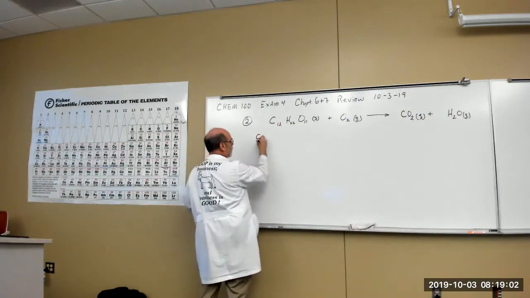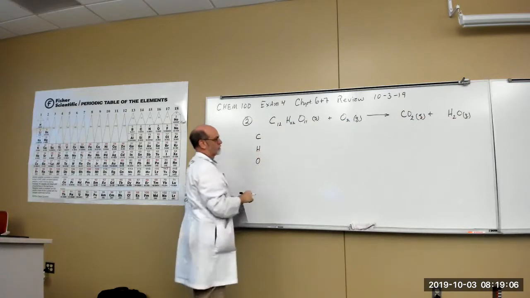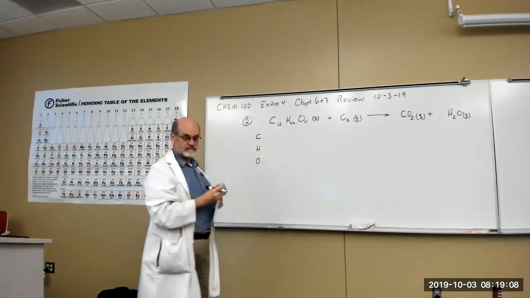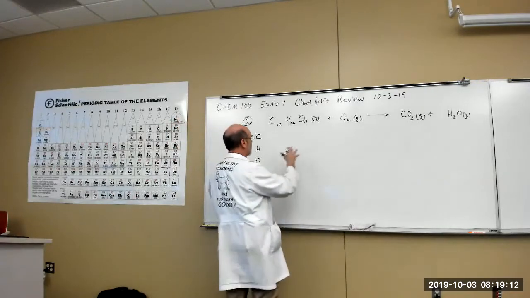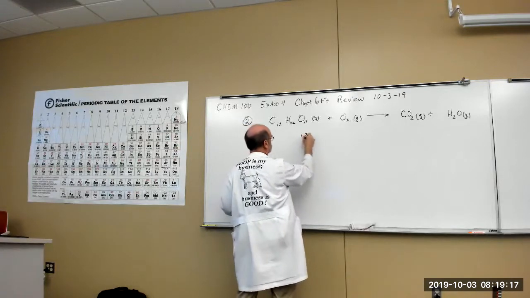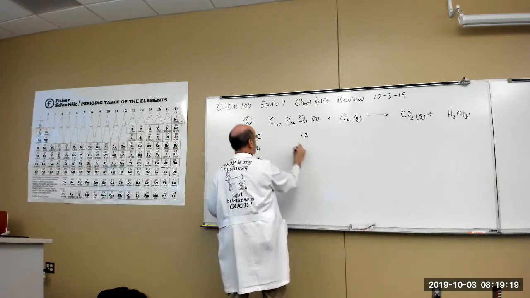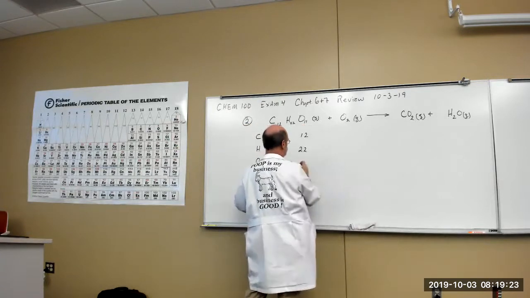So we have carbon as an element, we have hydrogen, we have oxygen. I don't see any others. Those are the only elements in here. So now we can do our tally. Initially, we start off with, on this side, 12 carbons and 22 hydrogens, and 11 plus 2 is 13 oxygens.